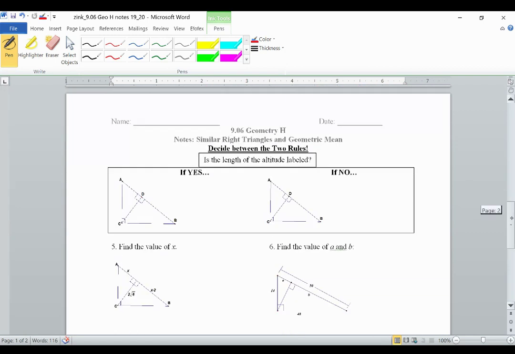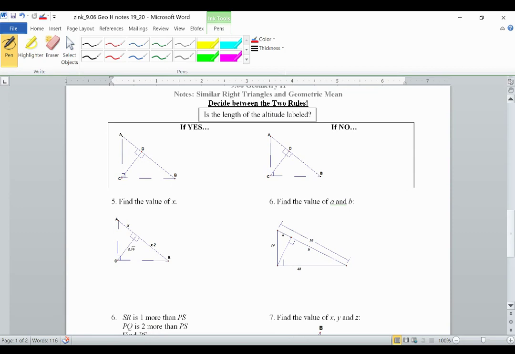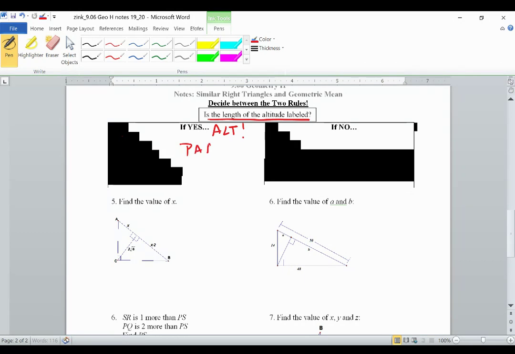Okay, so how do we decide between PAP and HLLP? Which rule do we want to use? So you want to be looking at, is the length of the altitude labeled? Or are you looking for that altitude? If you're looking for the altitude or if you're given the altitude, then you want to use the altitude rule. So if yes, there's an altitude, then you're going to use PAP, which hopefully makes sense because there's 2 A's in that.